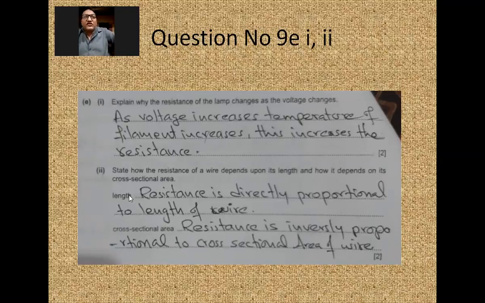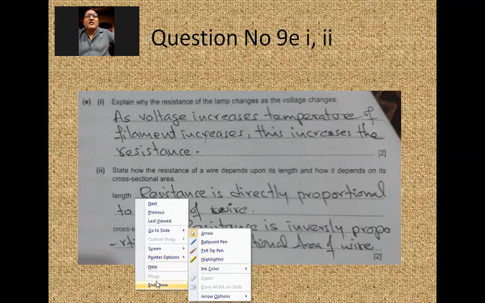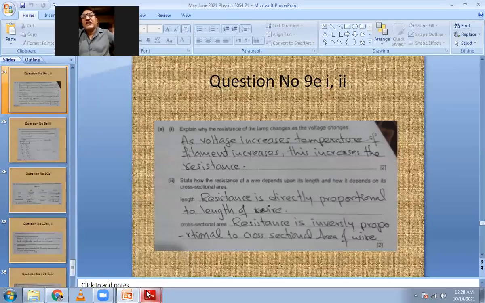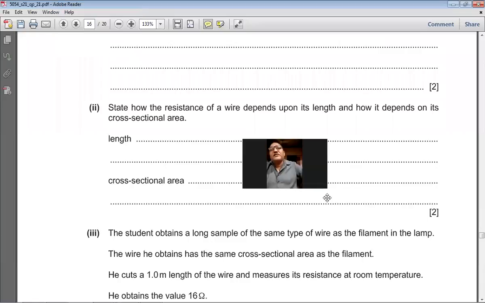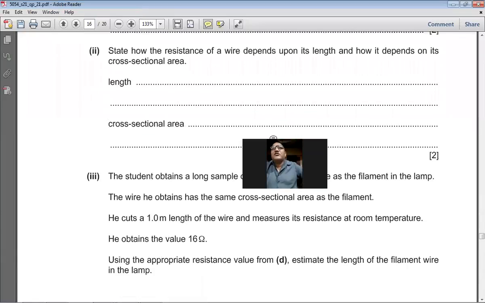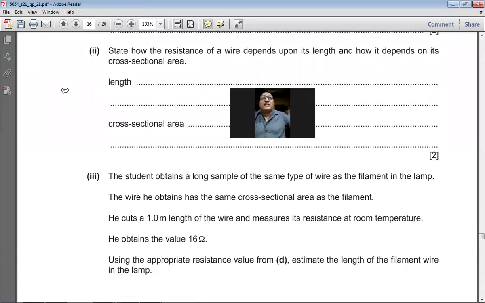Okay, the next question is, state how the resistance of a wire depends upon its length and how it depends on its cross-sectional area. You see, the length and the resistance are directly proportional to each other. It's a 2 mark question. He says the resistance is directly proportional to the length, and the resistance of a wire is inversely proportional to the cross-sectional area.